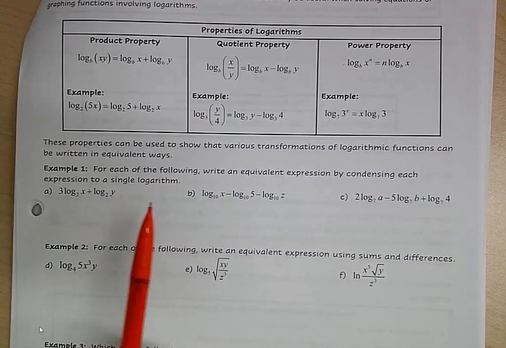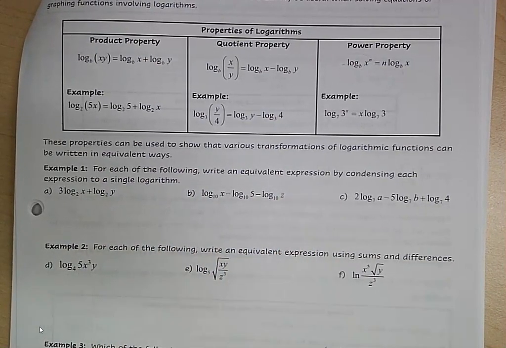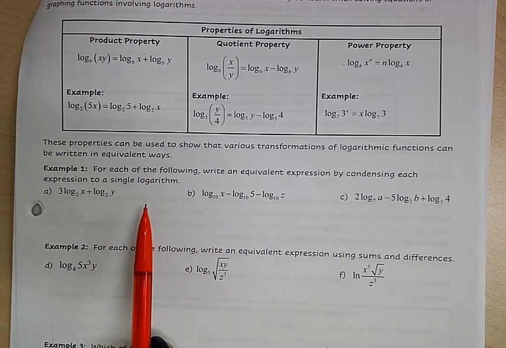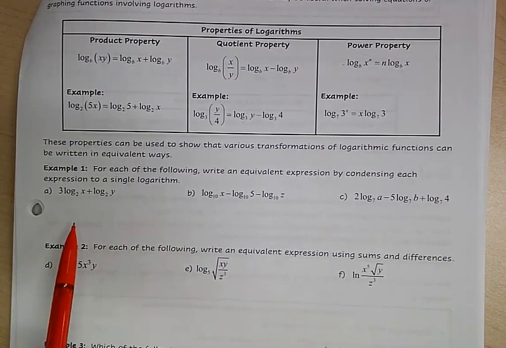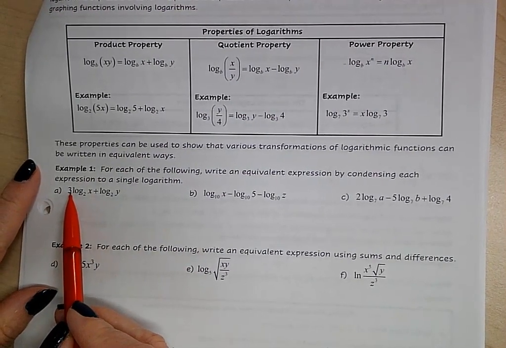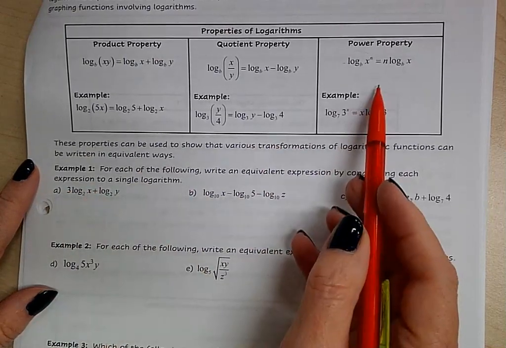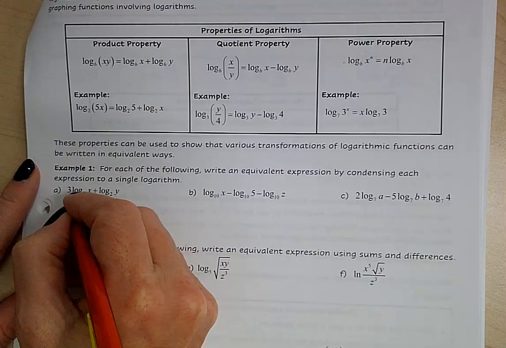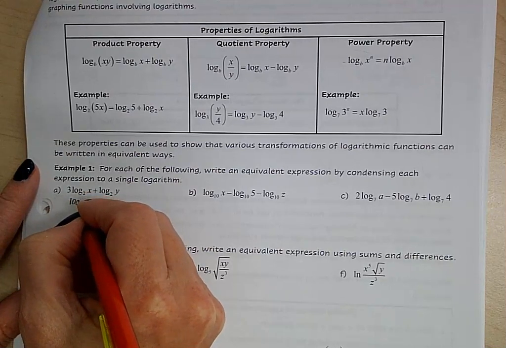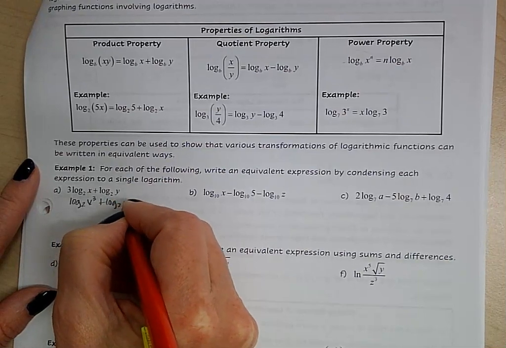Okay, so right here, it says for each of the following, write an equivalent expression by condensing each expression to a single logarithm. As you go through the process, I have this coefficient, so I can bring that around front using my log property. So I can say this is log base 2 of x cubed plus log base 2 of y.